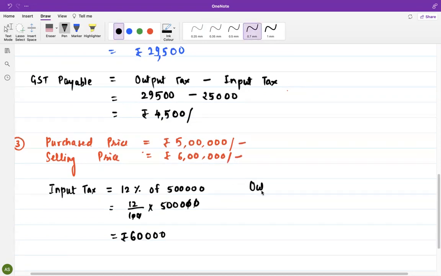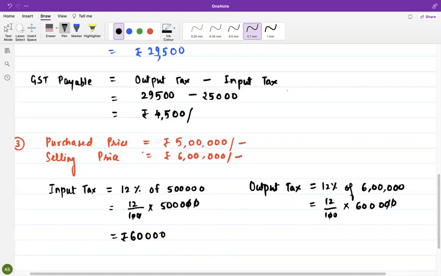In the same way, we are going to calculate output tax. Definitely the output tax rate will be the same, but on 6 lakh. So it will be 12 upon 100 into 6 lakhs. 20 gets cancelled. 12 6s are 72 and then 30.